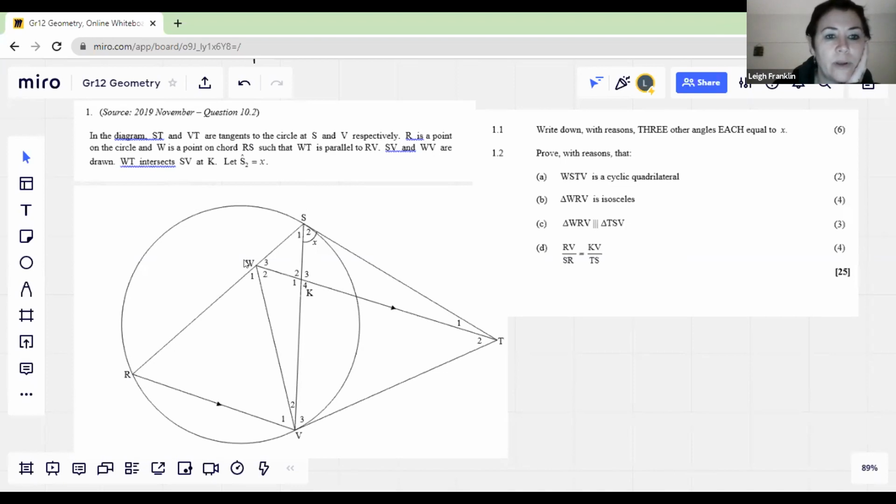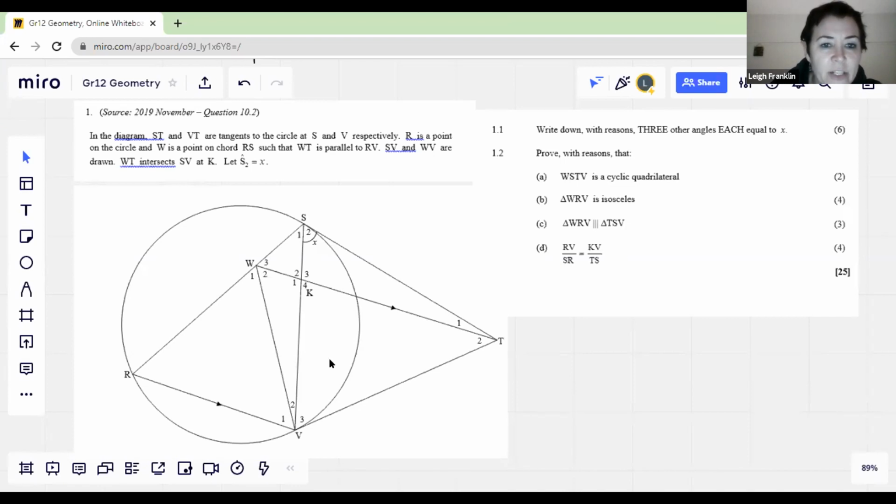R is a point on the circle, so that's this one over here. And W is a point on the chord RS, such that WT is parallel to RV. Okay, so they've given us parallel lines. So Rekhomeditswe is saying that S2 is equal to V3. Indeed. Good, Rekhomeditswe, 100%. Okay, because they're angles opposite equal sides. All right, because of the tangents from the same point.